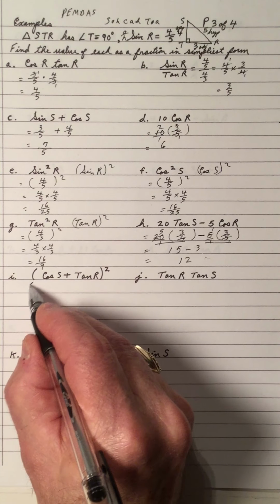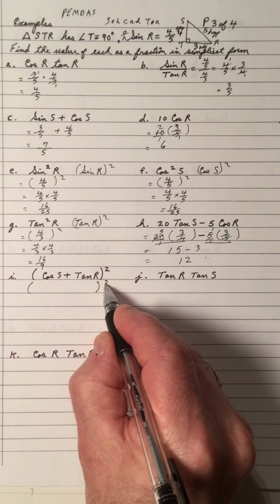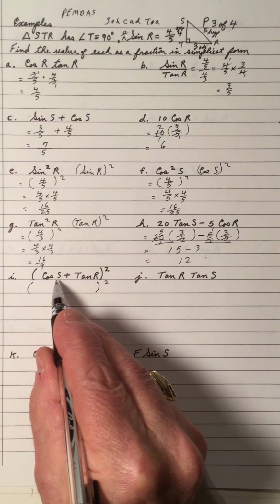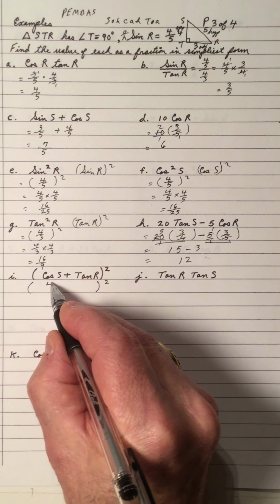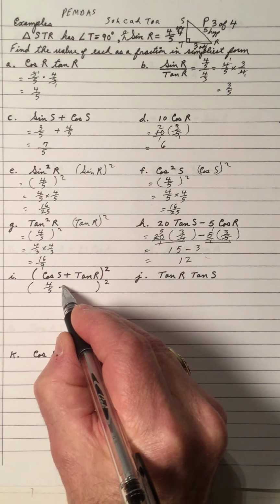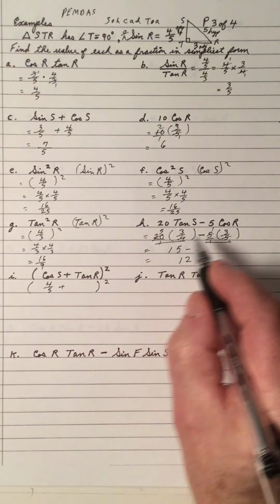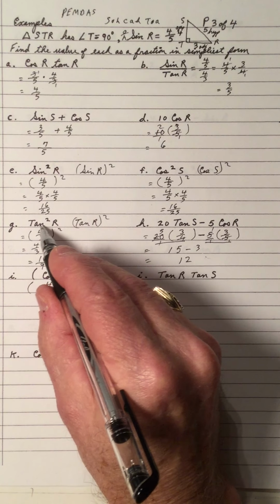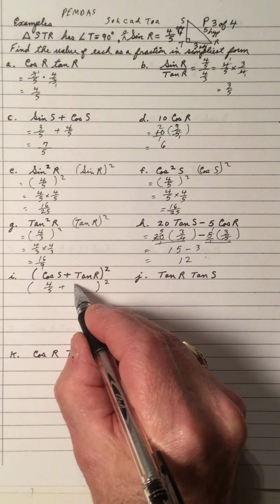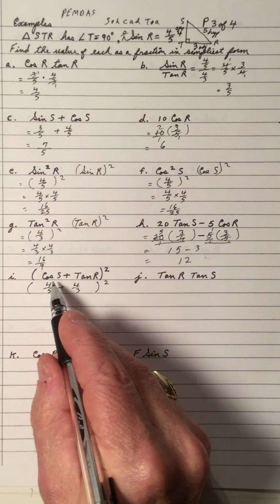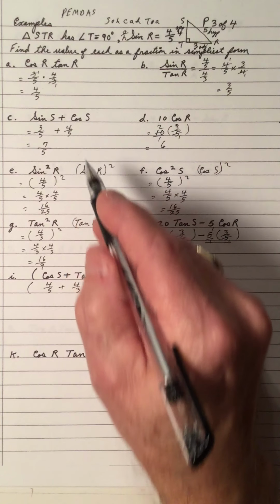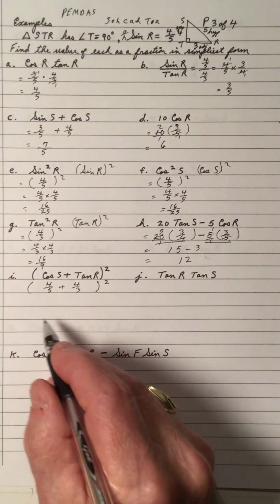And here I have a bracket and a square root side. So I have to do the cos of s first. The cos of s is 4/5 plus the tan of r. Do I have the tan of r? It's right here. Yep, this is 4 over 3. So the cos of s, just to make sure, 4/5, tan of r, 4 over 3.